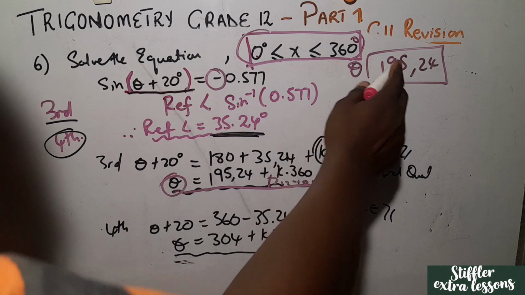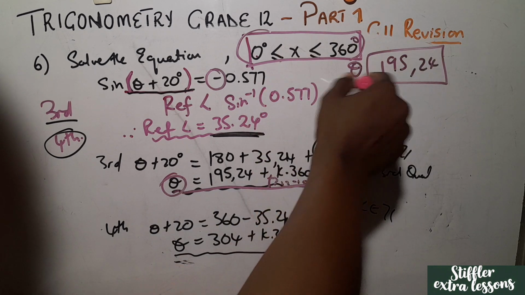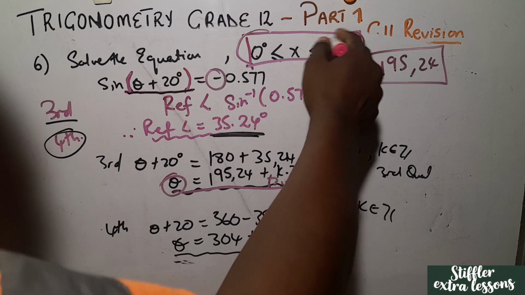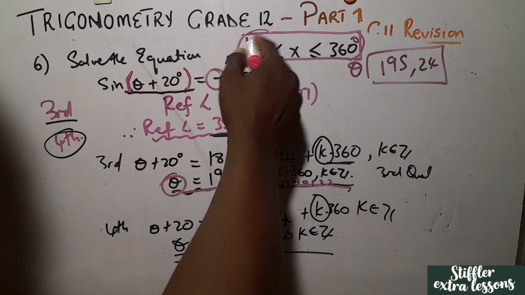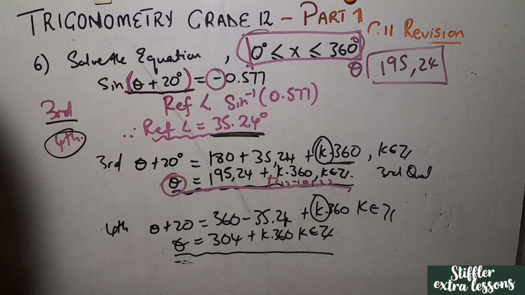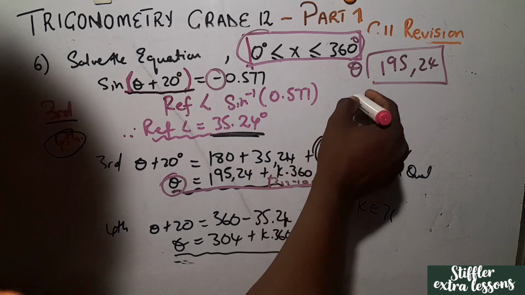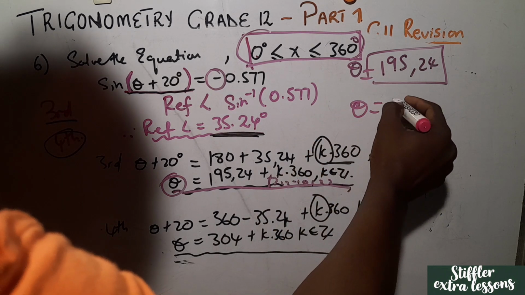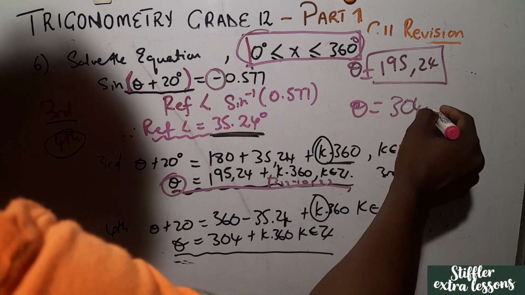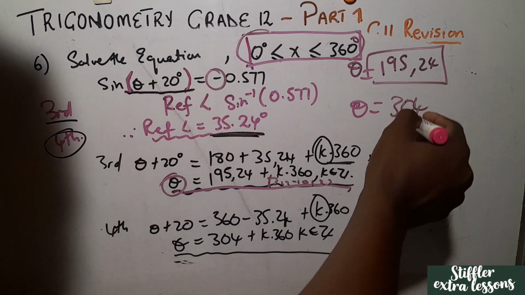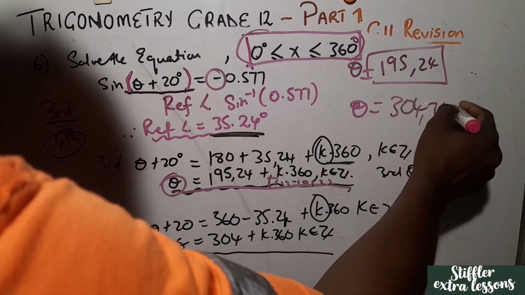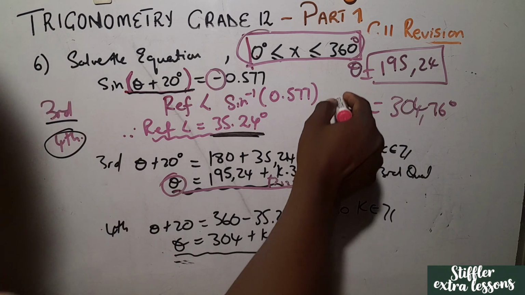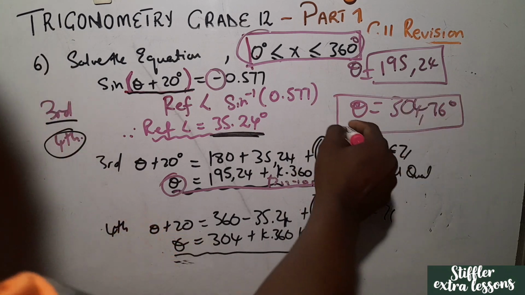If you substitute 2, it will be way over, right? If you substitute 1, it will be way over 360. If you substitute a negative, it will be way past in the negatives, right? So go to the fourth quadrant one. My theta is just 304.76 degrees in the fourth quadrant.